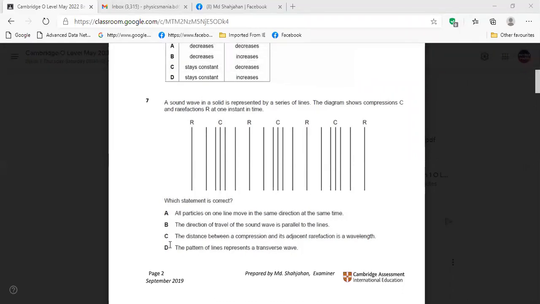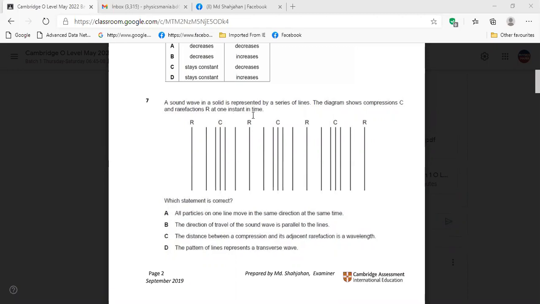Now, next one, option C: the distance between a compression and its adjacent rarefaction is a wavelength. We know that wavelength is from crest to crest or trough to trough. Compression represents crest and rarefaction represents trough.